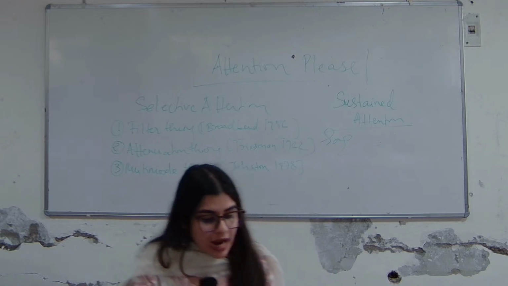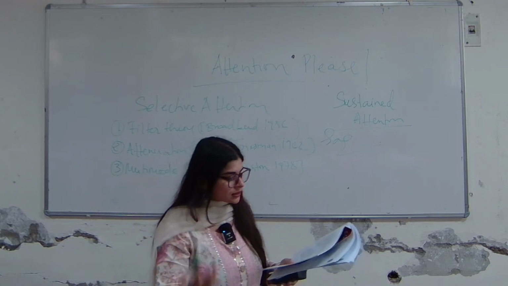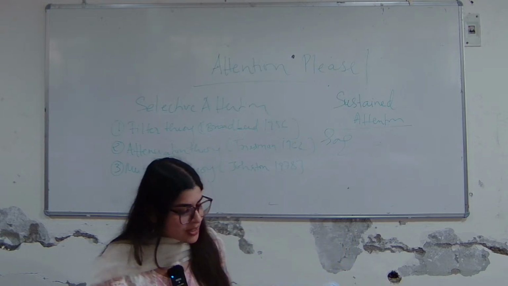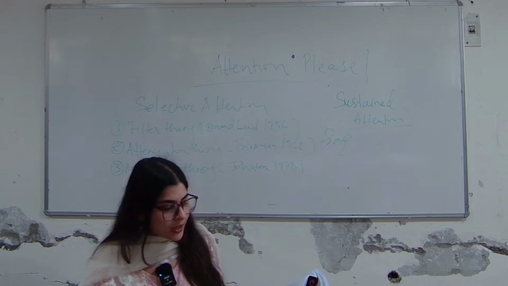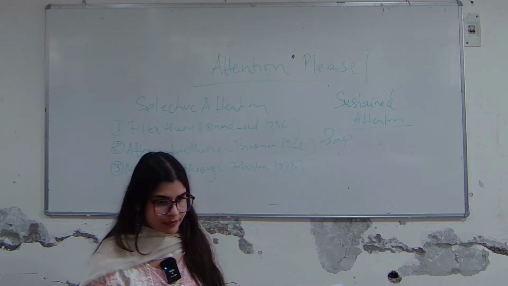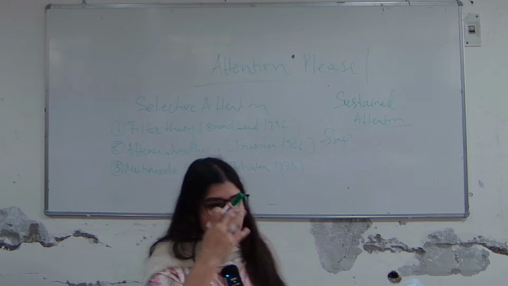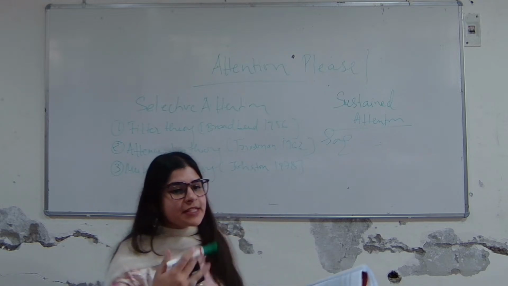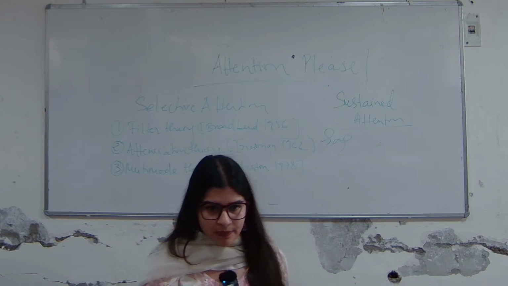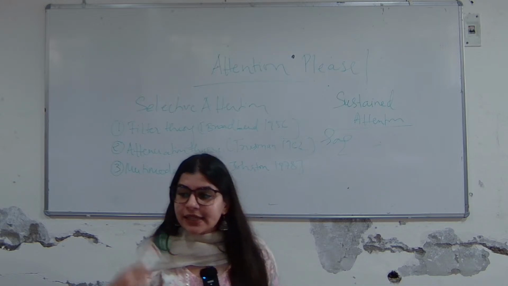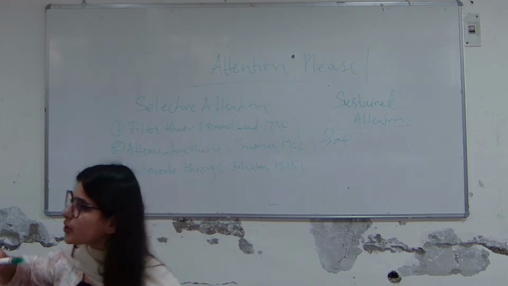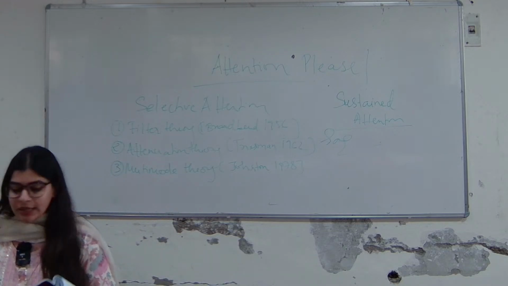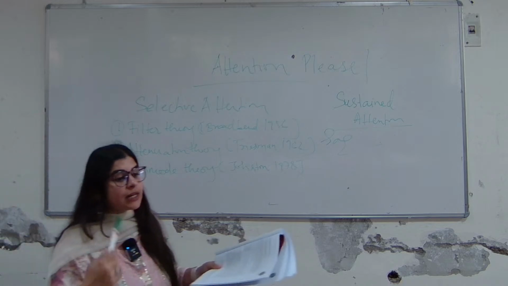Another is temporal uncertainty. When a stimulus is seen more often, it is registered better than those seen less often. There are students who come often to the classes, and some students who come very rarely. You are able to sustain attention to those students more because they are the people you see often in a class. That's called temporal uncertainty.